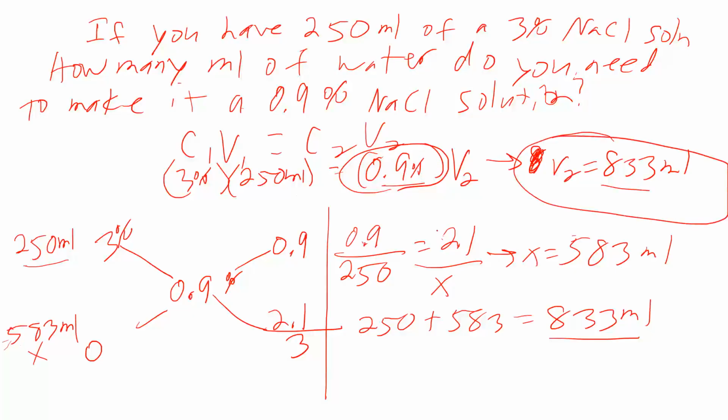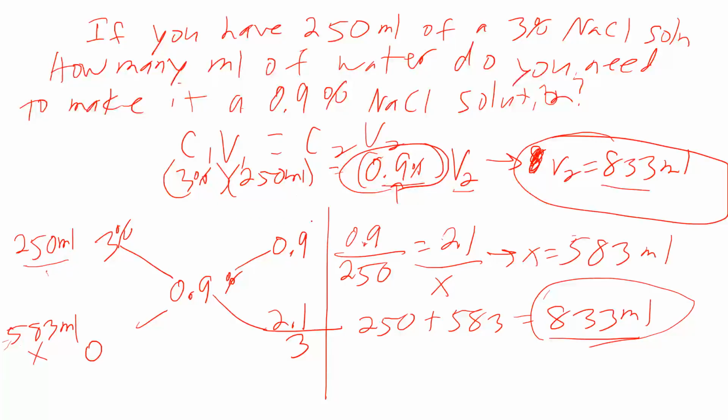Okay, so don't forget what this means. The V2, if it says 0.9%, and we know the 0.9 is the final concentration, then that's the total volume. That's not the volume of water added, that's the total volume of the whole solution, and that's 833 mils. And we know from the problem, 250 mils is the 3% sodium chloride solution.